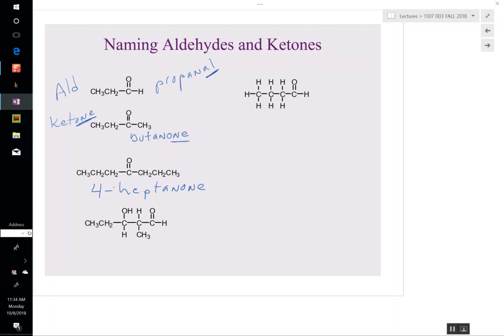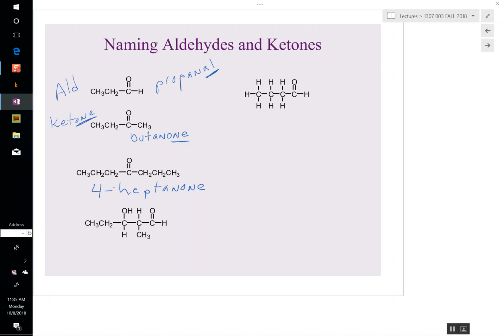Why? Because butanone, it has to be on the second carbon. There's no other place. There's no middle carbon. There is a carbon that is one in from the end on either end. So no matter where you put the carbon-oxygen double bond, it's going to be on the second carbon.